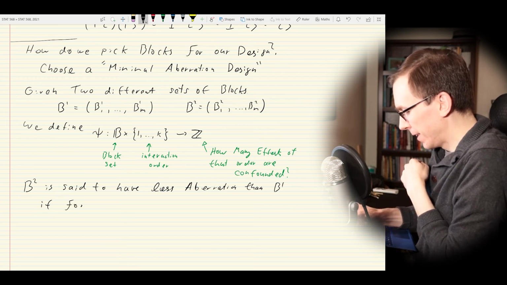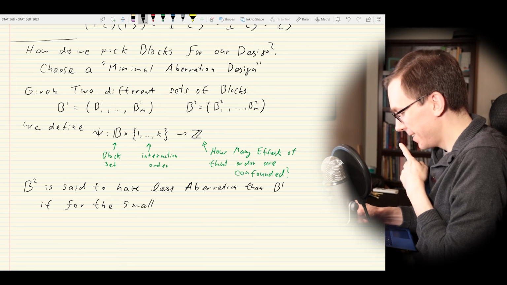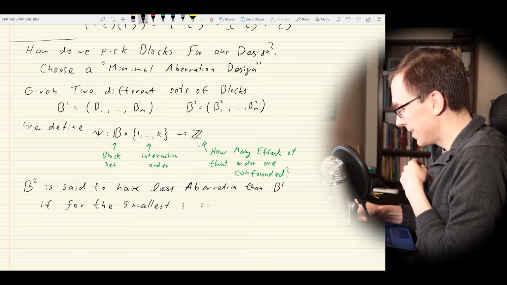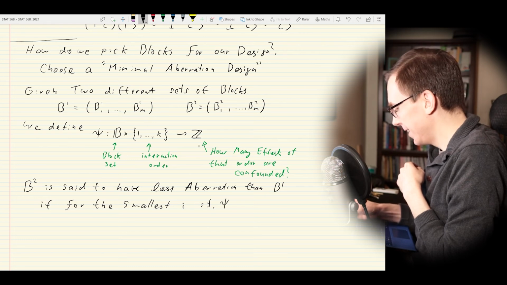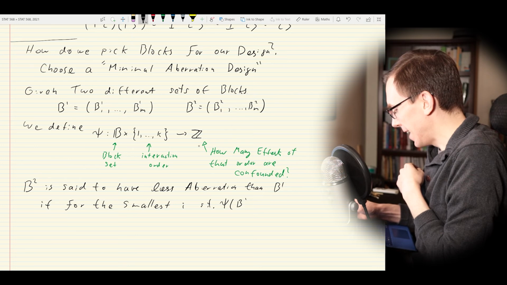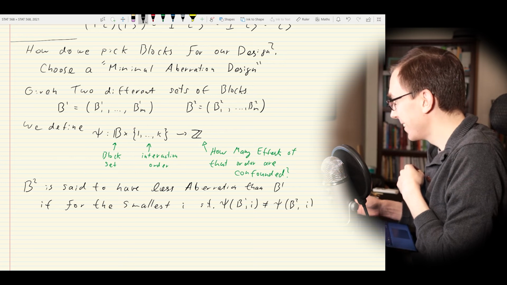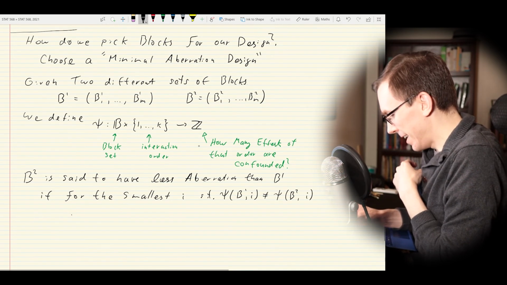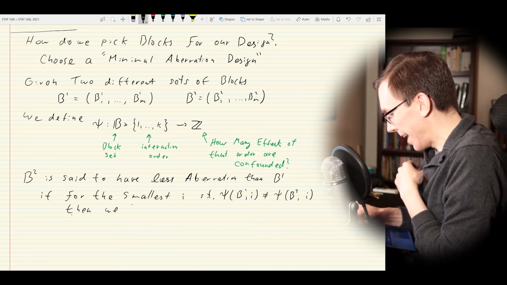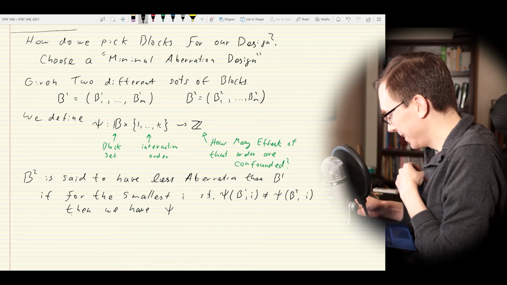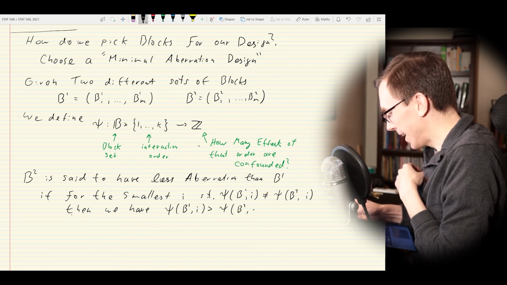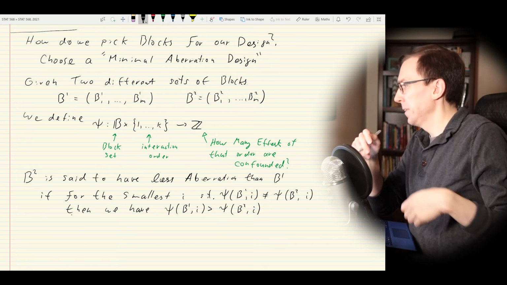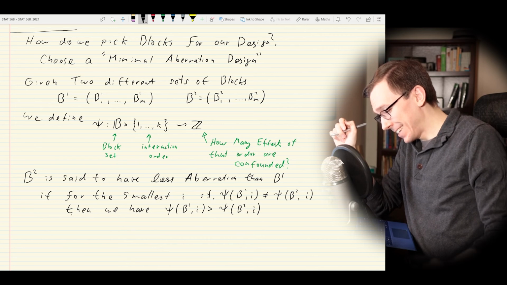If for the smallest I such that psi of B1, I is not equal to psi of B2, I, then we have that psi of B1, I is greater than psi of B2, I. So what is that telling us?